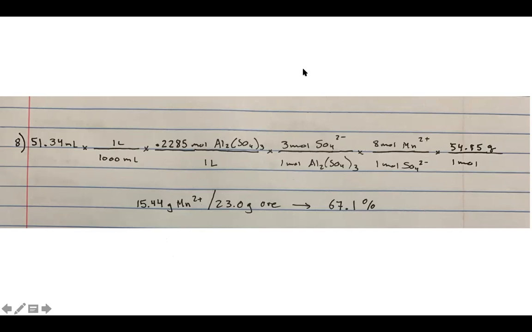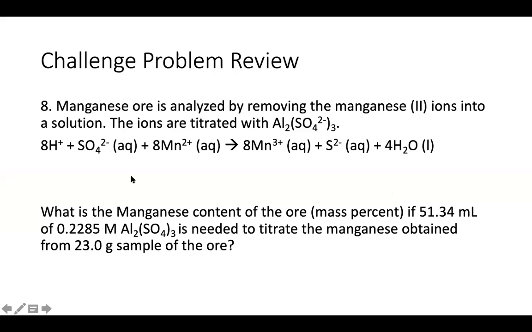So 1 mole of aluminum sulfate is, and we can tell from the subscript, 3 moles of just sulfate. And from our balanced equation, again, I'm going to go back one slide for a second. From our balanced equation, the ratio from sulfate, 1, to manganese 2 plus, which is the manganese that comes from the ore, is 1 to 8.